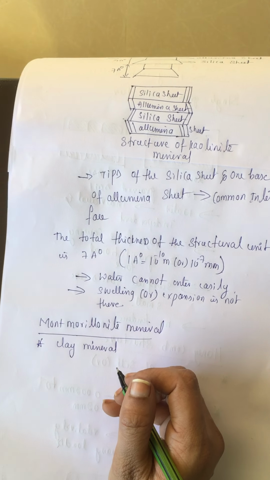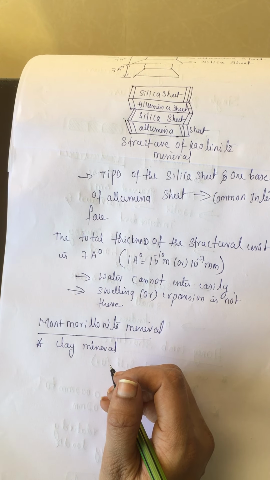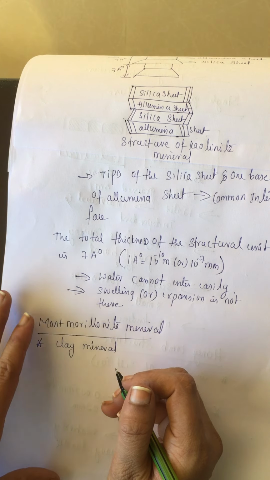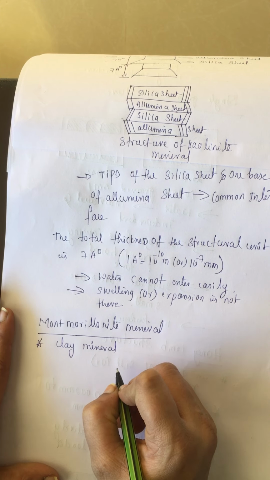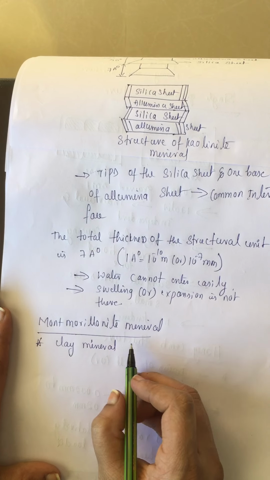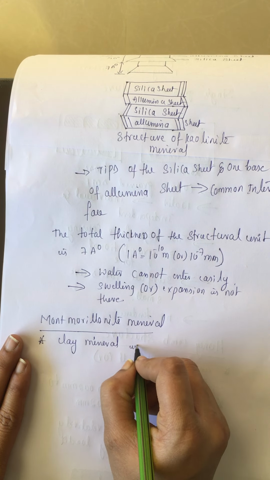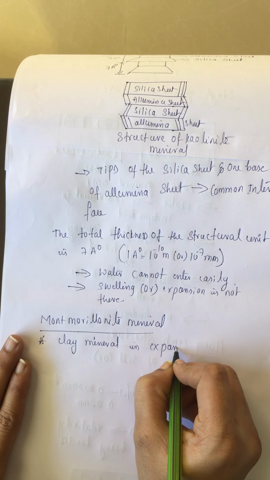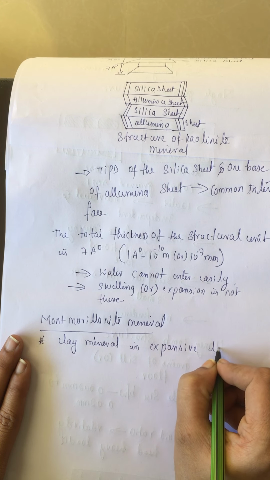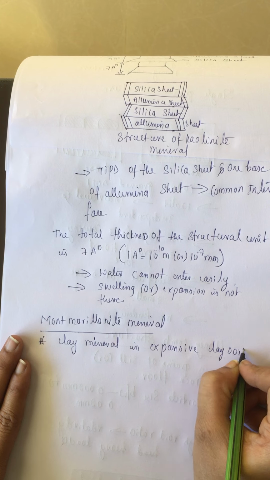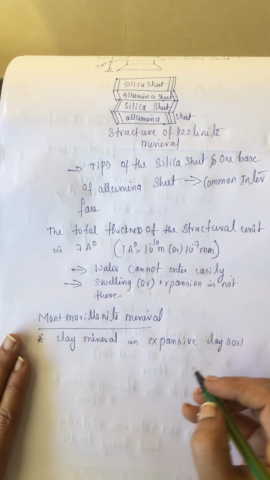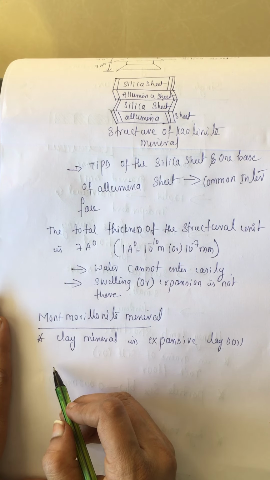You all know that clay mineral is very weak in nature. Even the montmorillonite mineral is also considered a weak mineral in nature. In nature, the expansive clay is considered as montmorillonite mineral.